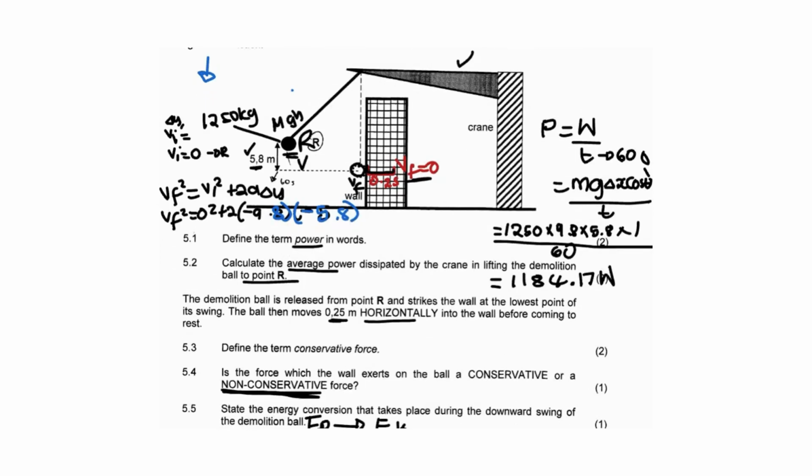That gives me 113.68, so v_f² is 113.68. The v final is the square root of that, which gives me 10.66. This is the velocity that the ball hit the wall with, meaning it's the velocity we will use as v initial over the 0.25 meters.